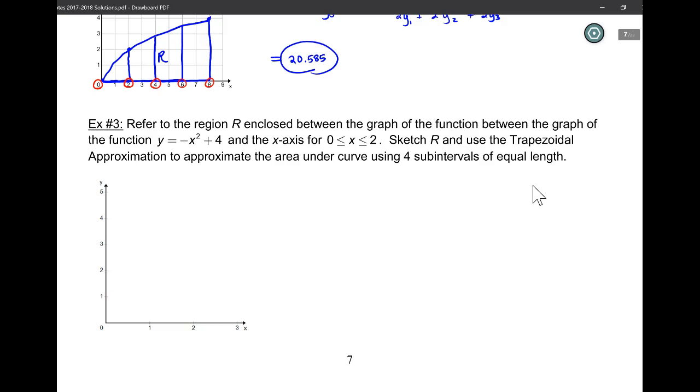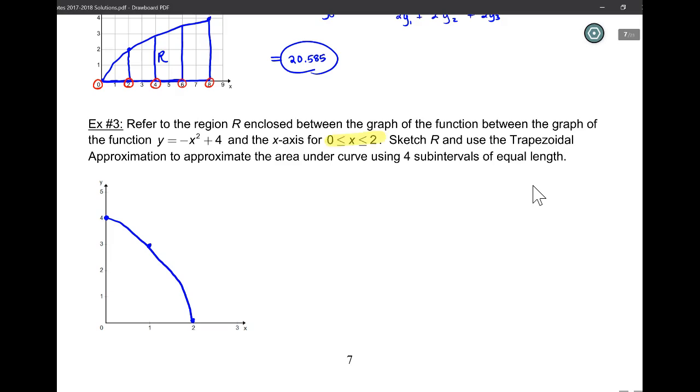Next one, refer to the region R enclosed by the graph of y equals negative x squared plus 4. So let's see, at 0 we get 4, at 1 we get 3, at 2 we get 0. So it looks like this, and it goes from 0 to 2.